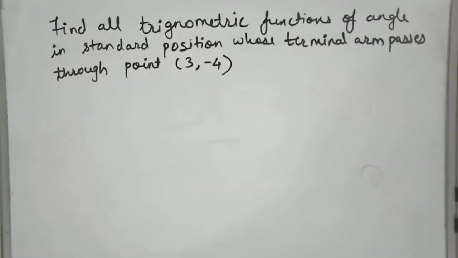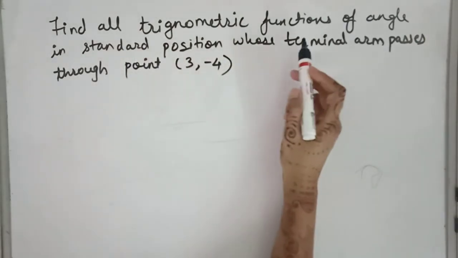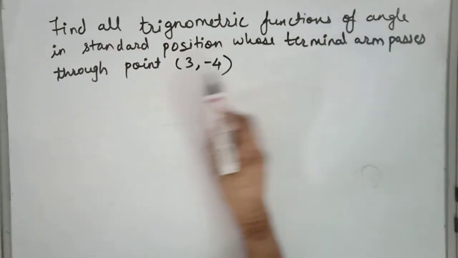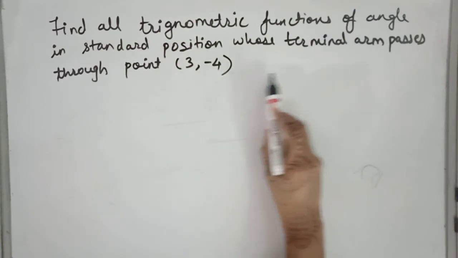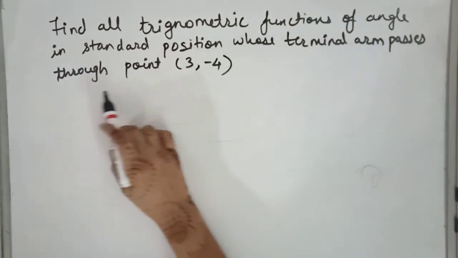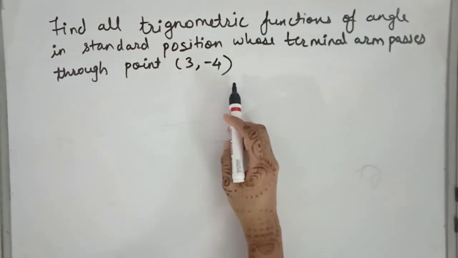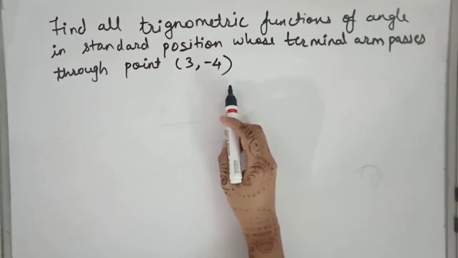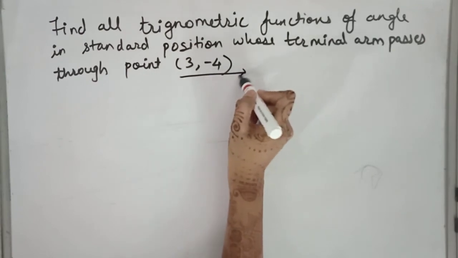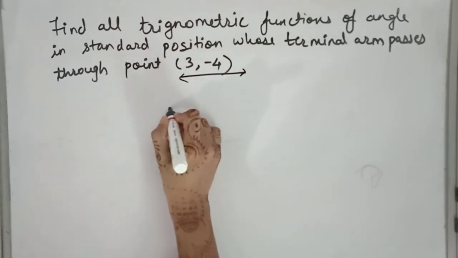Now let's see another example. Find all trigonometric functions of angle in standard position whose terminal arm passes through the point 3, -4. In our last video we have seen the coordinate system.